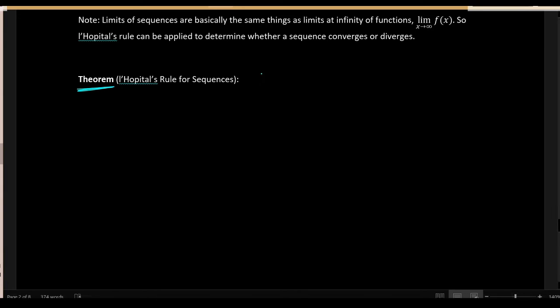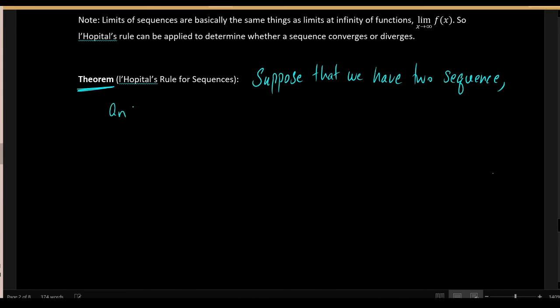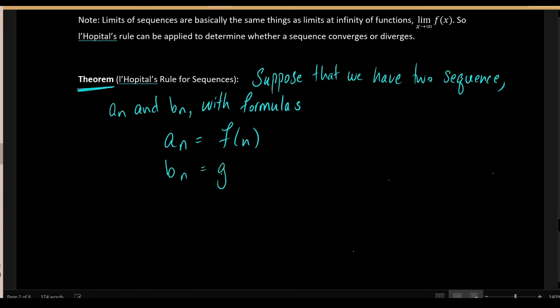Okay, so let us suppose that we have two sequences. I'm going to call those sequences A sub n and B sub n. And let's suppose that we know the formulas for both these sequences. The formula for the first sequence I'll just call F for short. The formula for the second sequence I'll just call G for short.